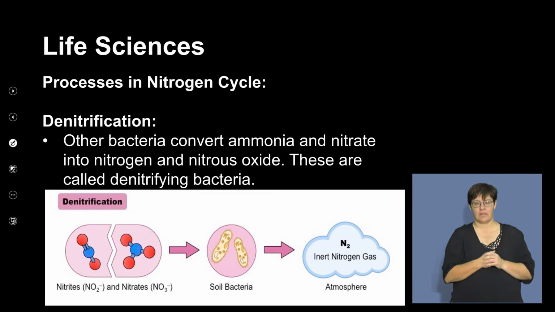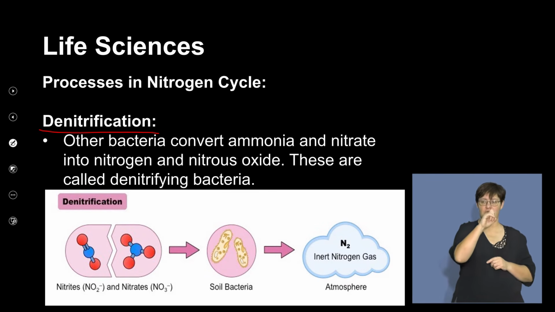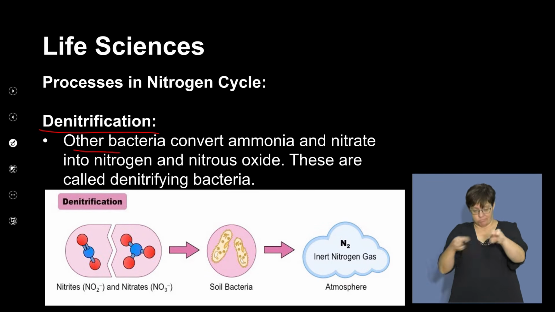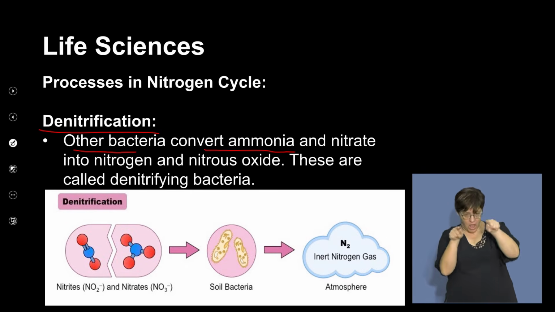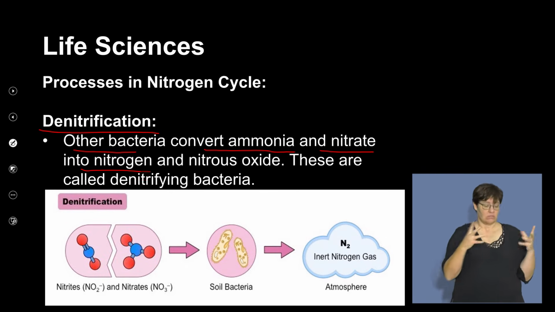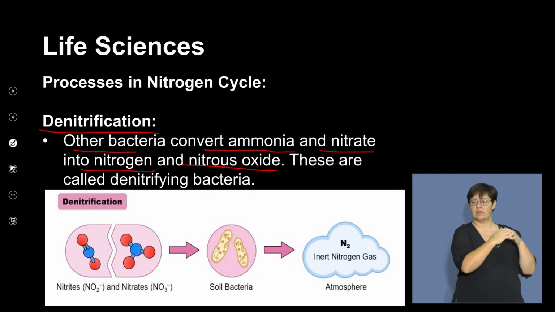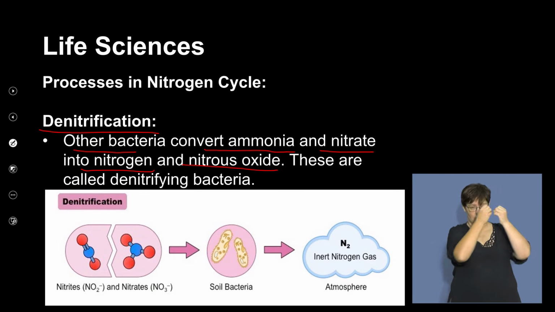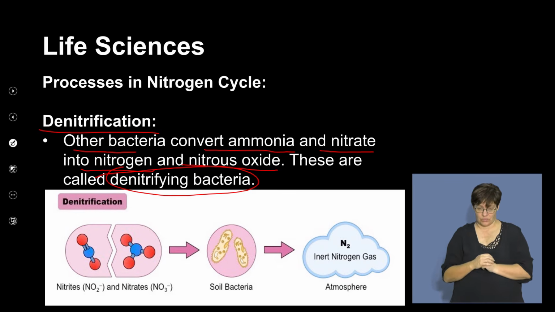Okay, so denitrification is the opposite of nitrification. There are other bacteria that convert the ammonia and nitrates into nitrogen and nitrous oxide, which is then released into the atmosphere. These are called the denitrifying bacteria.